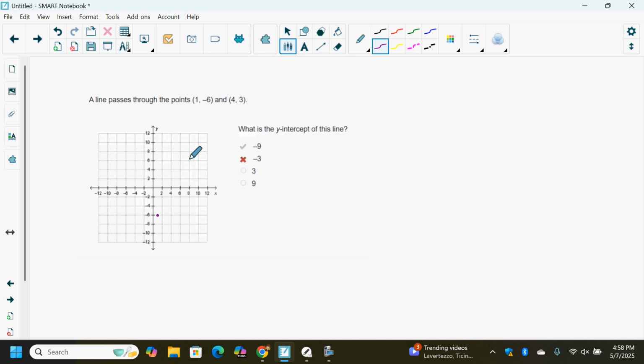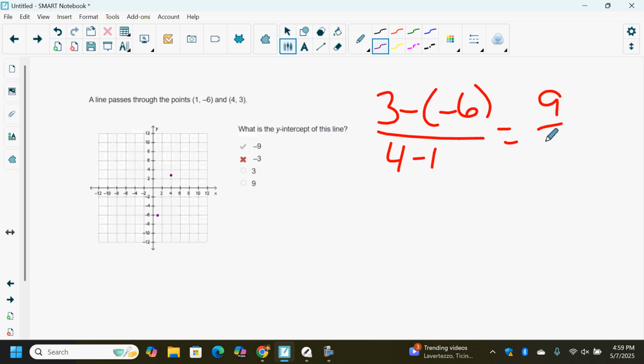But that really doesn't help us find the y-intercept. So my suggestion would be to write the equation. So I'm going to find the slope. I'm going to do 3 minus -6, because I subtract the y's, y2 minus y1, and then 4 minus 1. So I'm going to get 9 over 3, which is equal to 3.